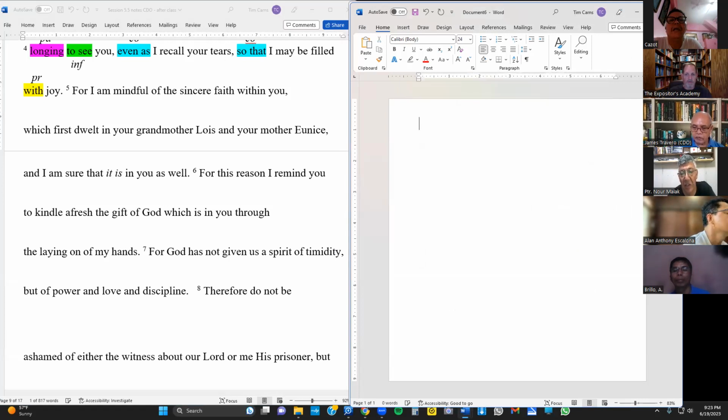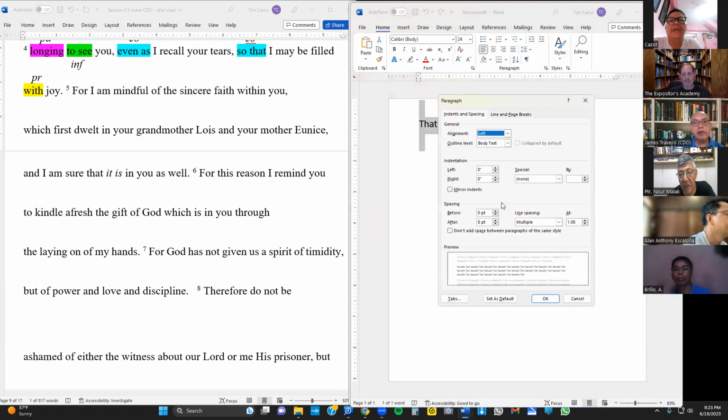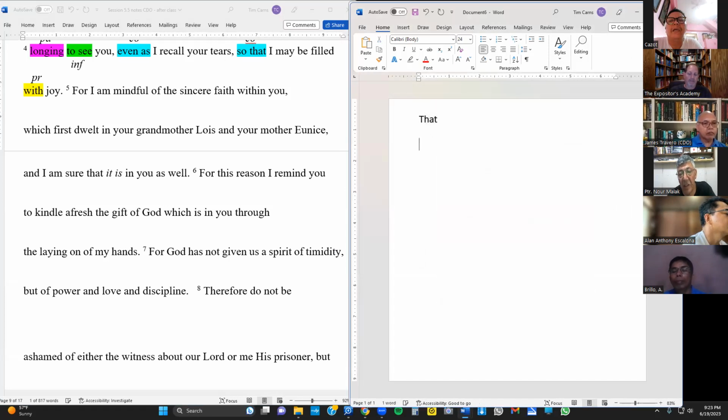It can function like a relative pronoun, and that's where you would replace it with which and see if it makes sense. Or it can act like a conjunction, like so that.